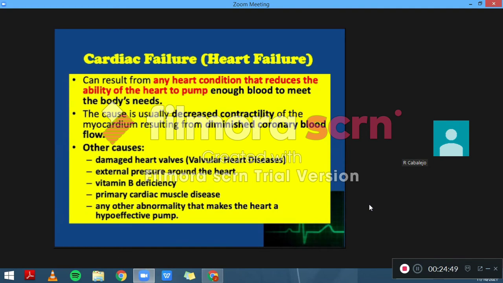So these are like your valvular heart diseases, any form of valvular heart disease, the end stage of any VHD or even congenital heart disease is actually heart failure. And then you also have metabolic disorders like vitamin deficiency, specifically vitamin B deficiency, causing beriberi. Primary cardiac muscle disorders, which are primarily genetic disorders, as well as other disorders that result in a hypoactive myocardium.